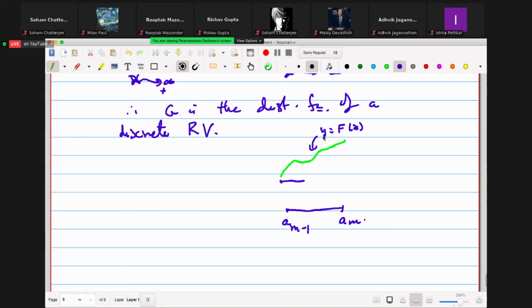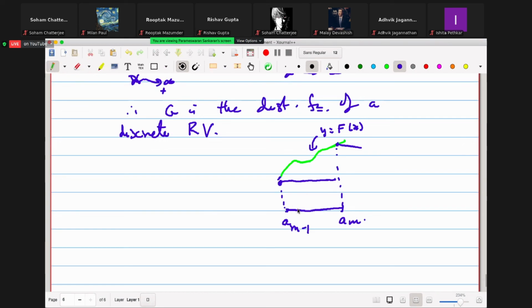I took two successive points, and here this is this, and maybe here something like this, and this is the point corresponding to a_m. Okay, so this is how the picture looks.